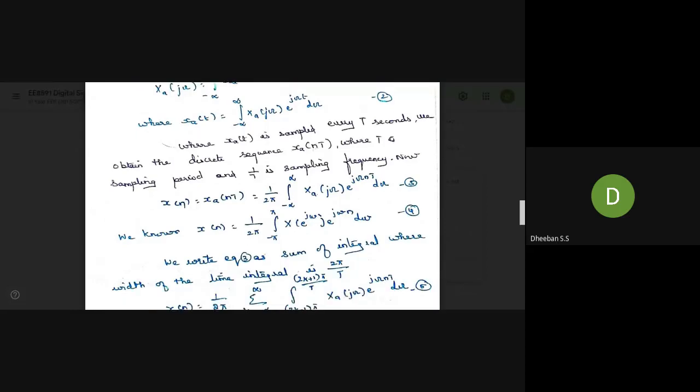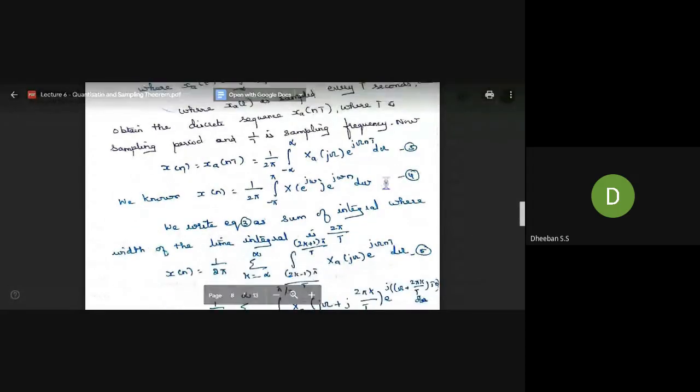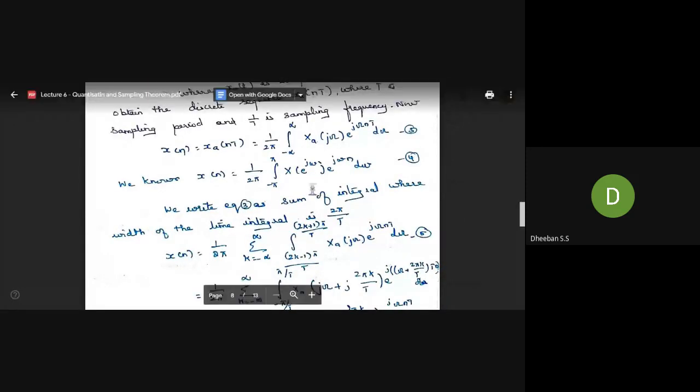These kinds of formulas you have already studied in your M3, coming under Fourier transforms. The same thing will be applied here. Here you have to notice the integral range will be 2 pi by T. This you have to take into account.